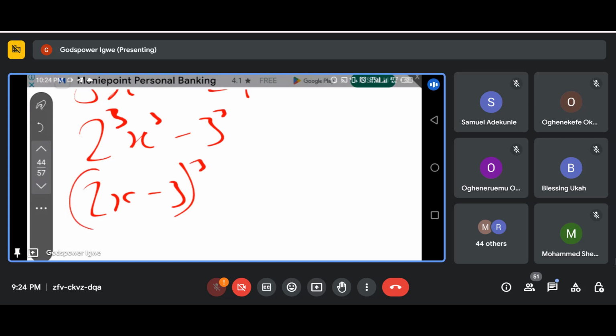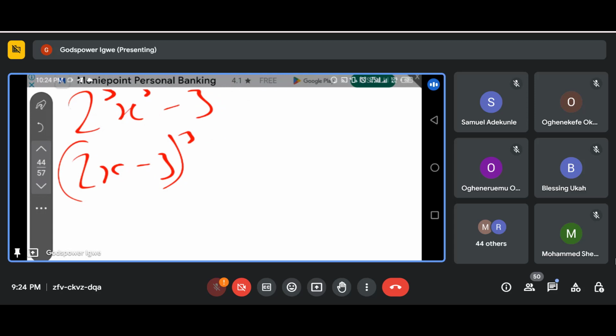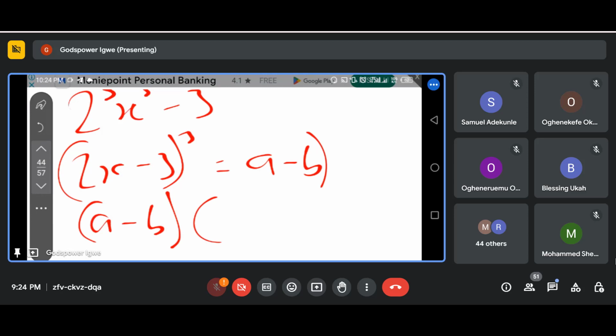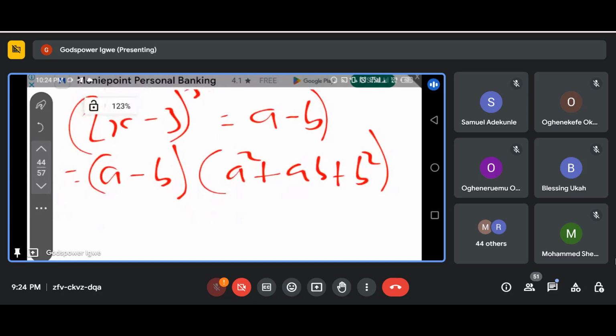So now we can go with our answer. The formula for this, they said this one will be a minus b. Or let me write it down. A minus b, then the other side will be a squared plus ab plus b squared. So this is what we have.